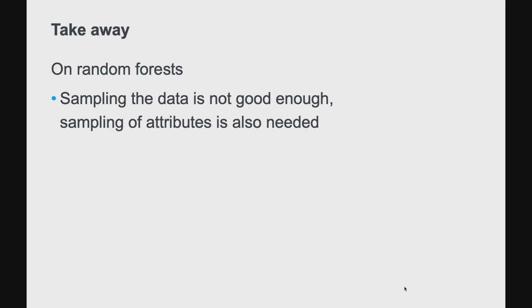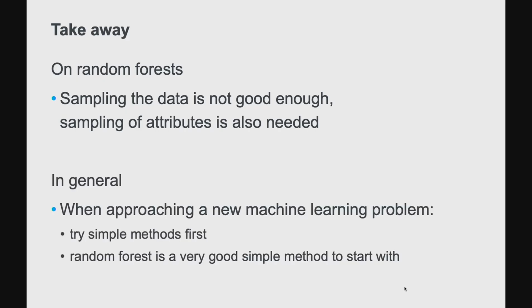Okay, what is the takeaway on random forest? We sample the data. We also sample the attributes. And when you have a new machine learning problem, then always try simple methods first. And random forest is one of these simple methods. Not the only one.